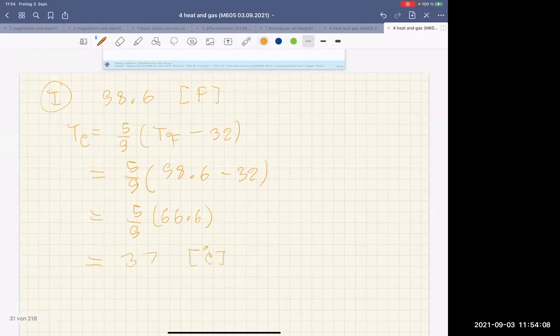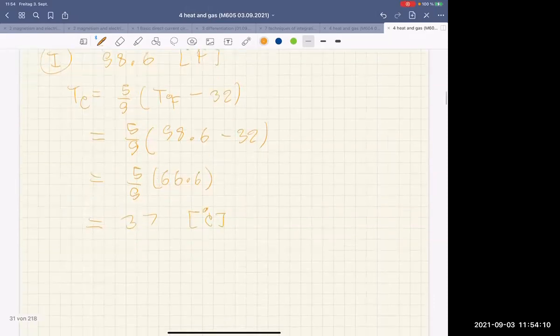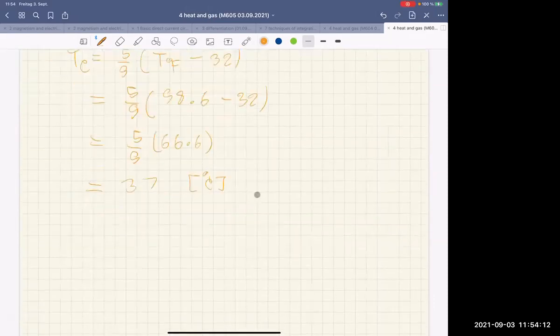And let me check it again, otherwise you get something wrong, and that will be my mistake. 5/9 times 66.6, it's 37 exactly.